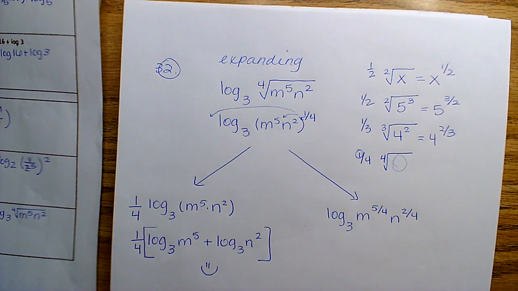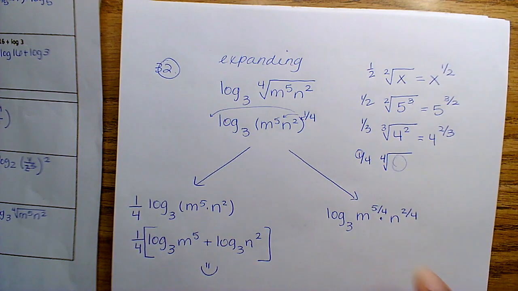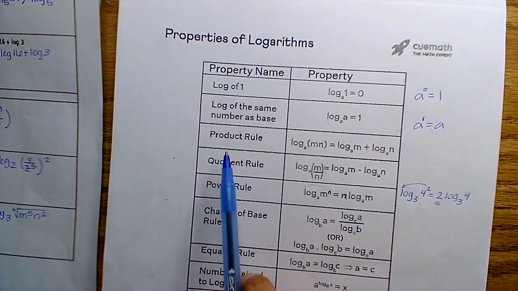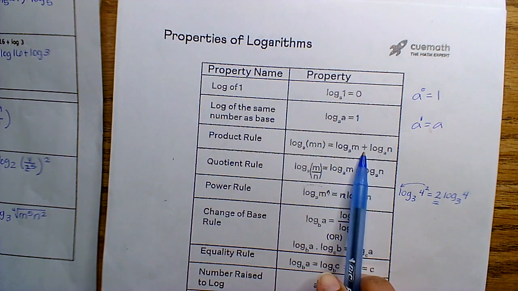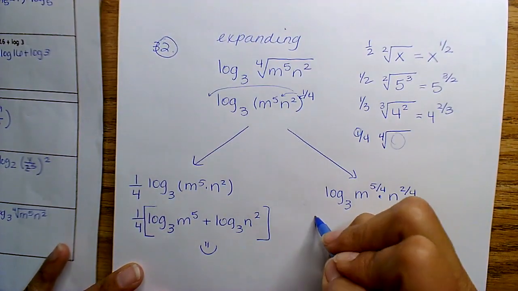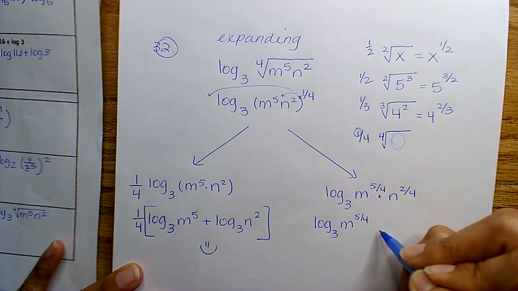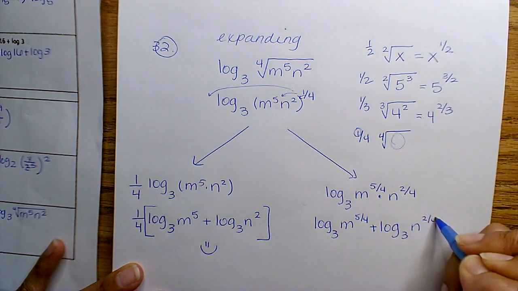Okay, now because it's a multiplication, you can use the product rule. Remember, when you're multiplying, it's addition. So you take log base 3 of m to the 5/4 plus log base 3 of n to the 2/4.